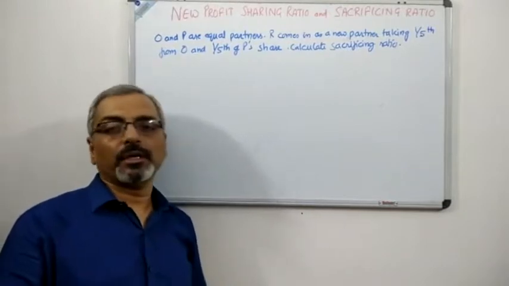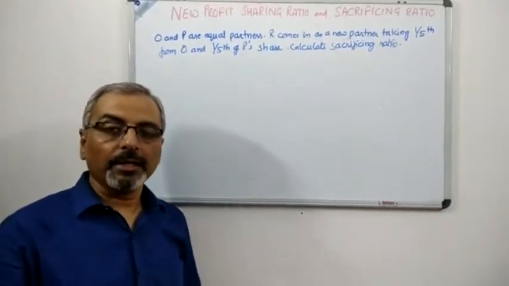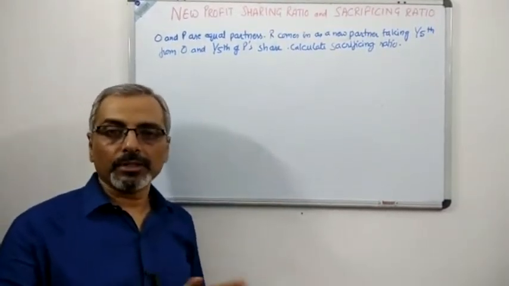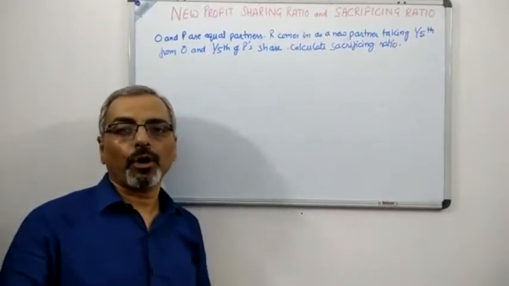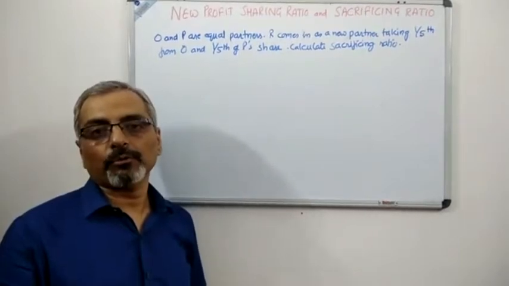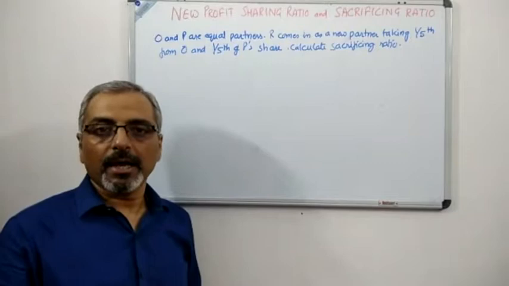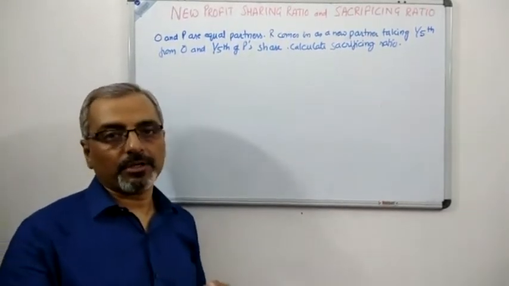Here you can see very carefully that the new profit sharing ratio is not given, and it is a combination of from and of. If you see the first sum which I had done in this video, I talked about the concept of from, and in the second sum I talked about the concept of of, and here I am taking the concept of both, and then we'll see how we calculate the sacrificing ratio.